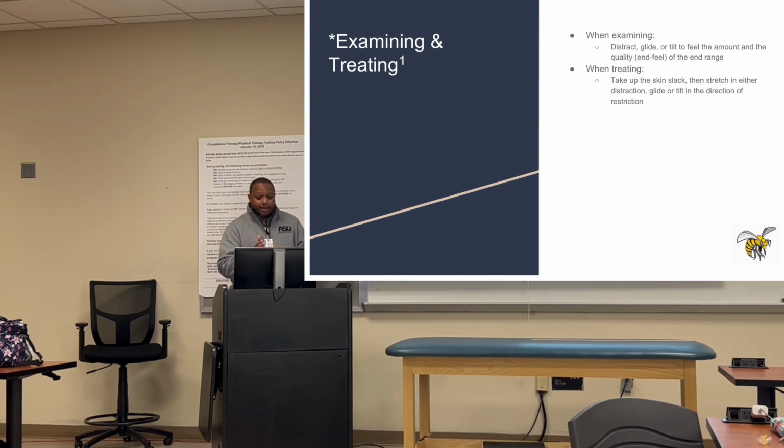So when we distract, glide, or tilt, we do it to feel the amount and the quality of the end range. When treating, we take up the skin slack, then we stretch in either distraction, glide, or tilt in the direction of the restriction, okay? And that is where we apply our different grades when we're treating.